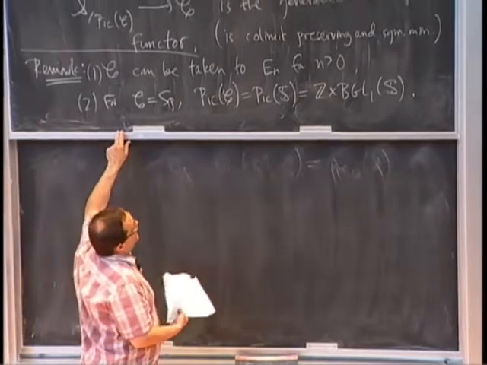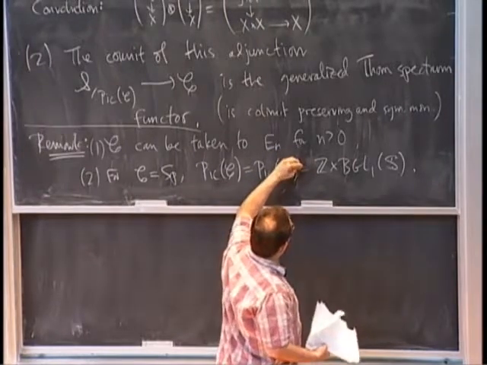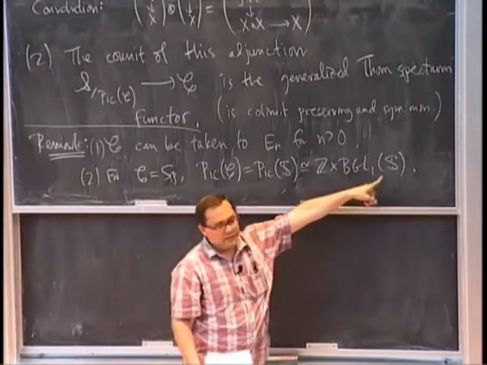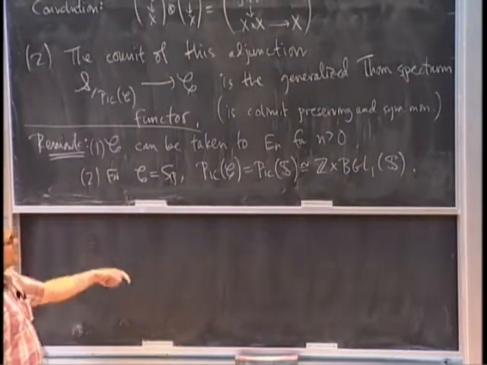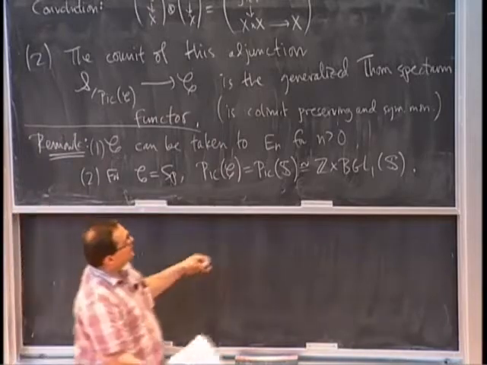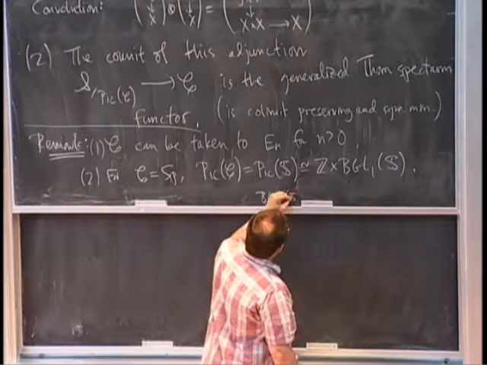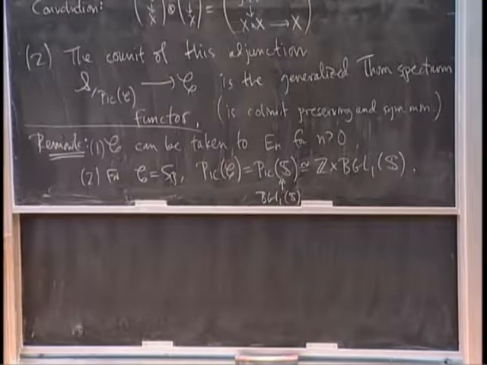Well, let me just say I'm not displaying the E infinity structure on this. This is an equivalence of spaces, just for simplicity. You can believe that BGL1 of S maps into here in a symmetric monoidal fashion.